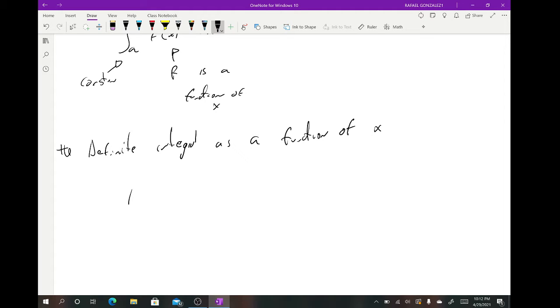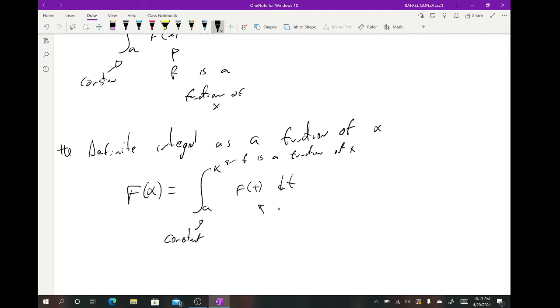What we have here is F of x being equal to the integral from a to x of some function f of t dt. And again, this a is still a constant, but now we have F being a function of x, and we have this f being a function of t.